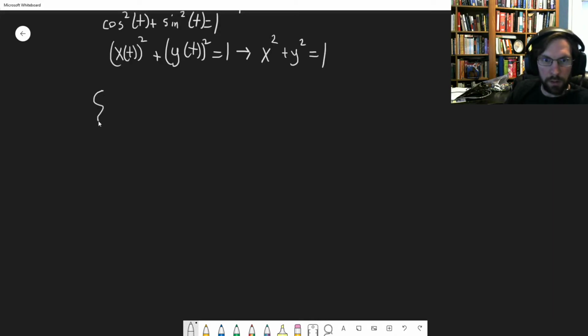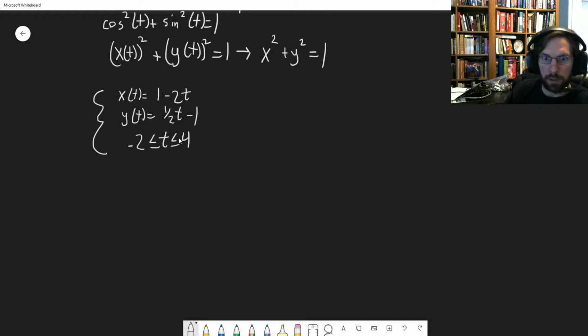Our curve is going to be x of t equal to 1 minus 2t, y of t equal to 1 half t minus 1, and we're going to have t go from negative 2 to 4.